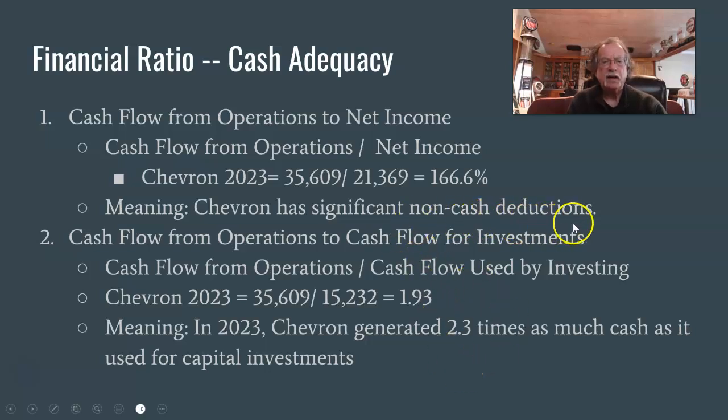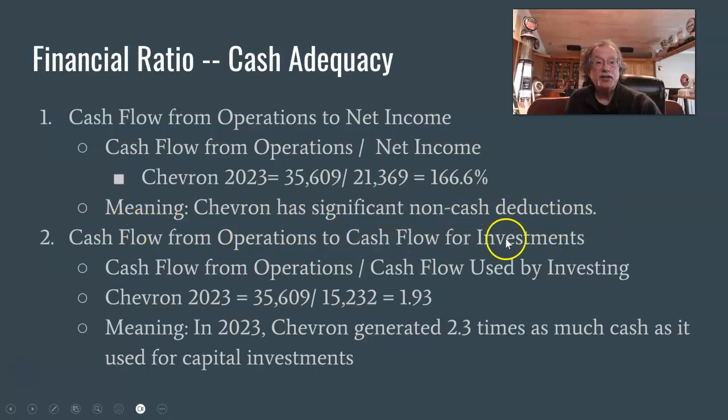We're going to talk about non-cash deductions in week 7. This is basically depreciation, and it's an accounting number compared to a cash number. Now, this number is not super important. It gives you an idea of the non-cash deductions.